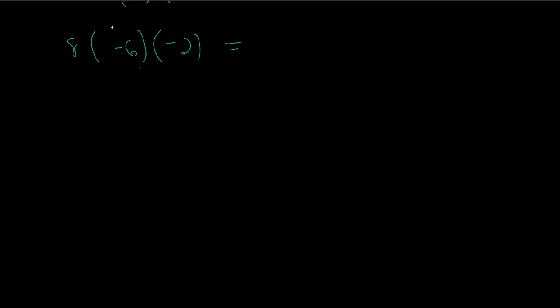Or I can think about it coming in pairs. I have a pair of negative numbers, so they'll turn to positive. And so I can look at this as being 8 times 6, or 8 times negative 6 is negative 48, times negative 2 is positive 96.